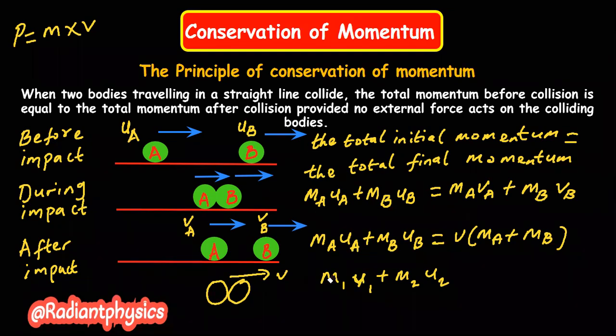I'm just trying to explain to you so that whichever one you see in your textbook, you will not be confused. M1 V1 plus M2 V2, something like this. But I am using letters in this lesson.